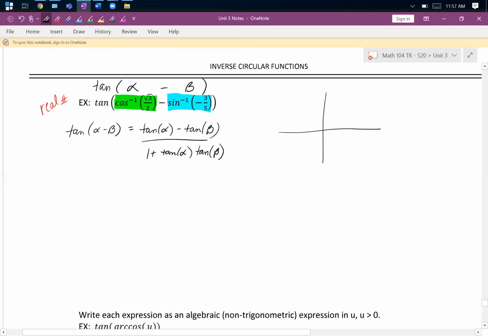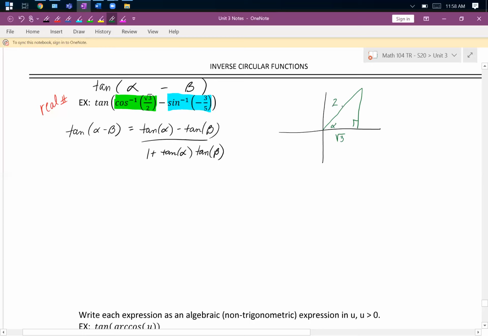Cosine inverse is defined in quadrants 1 and 2. Cosine is positive only in the first quadrant out of those two. So I know my triangle is in the first quadrant. I know square root of 3 over 2 is on the unit circle, but I think I'm just going to use SOHCAHTOA to find tangent rather than trying to think of what the tangent's going to be. Cosine is adjacent over hypotenuse.